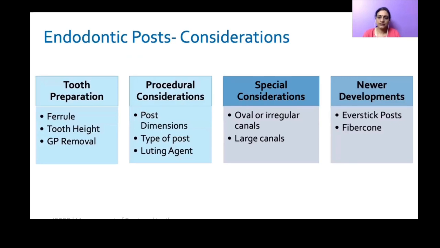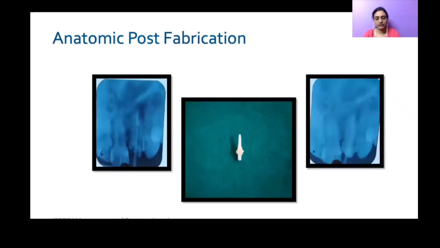Now, special considerations and newer developments will go hand in hand, because it's because of special considerations that newer developments occur. Now here, there is an anatomic post fabrication, where on top of the prefabricated fiber post, a coating of resin cement was placed and cured without bonding to the canal and taken out.